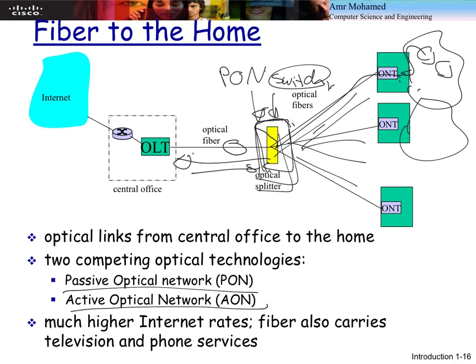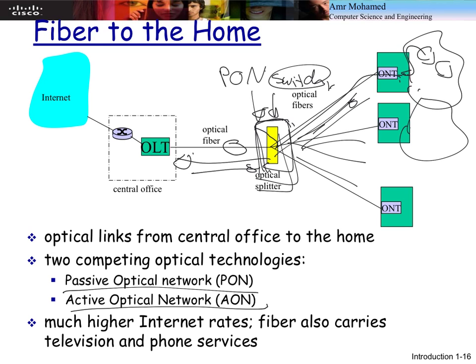And what this switch does is that it converts the optical signal into an electrical signal, reads the actual content of the data and switches the data according to the address. And that, of course, limits data rates quite a bit.